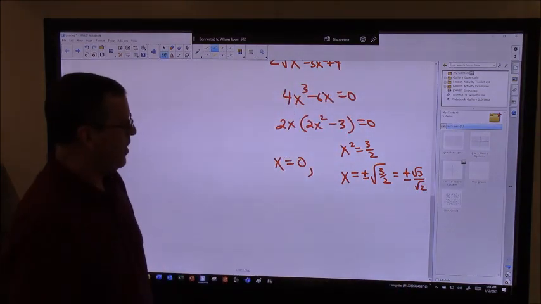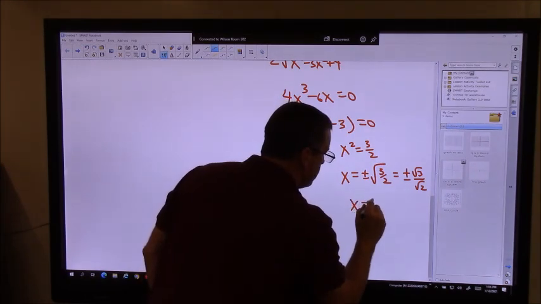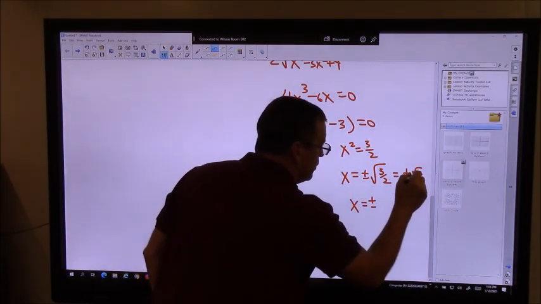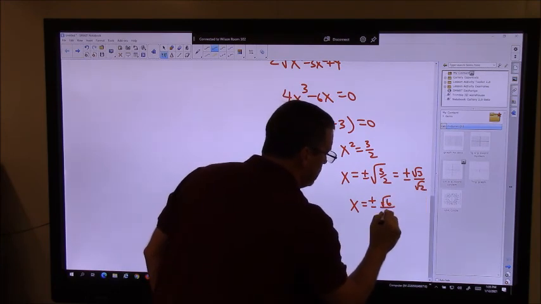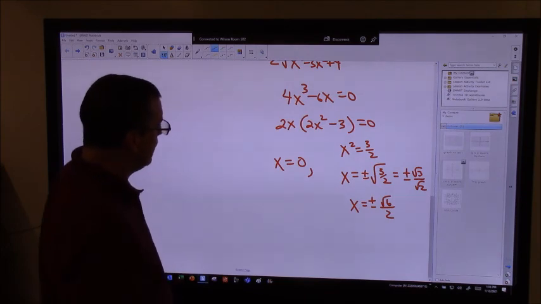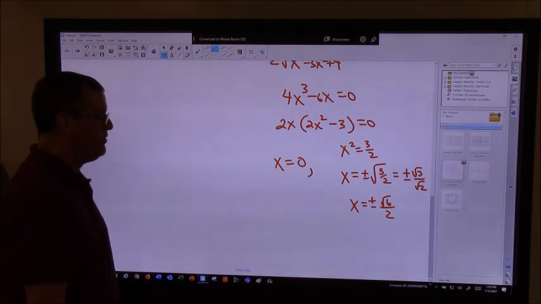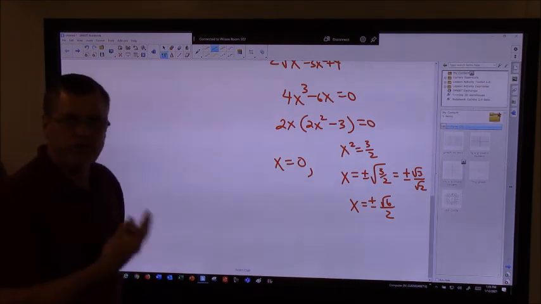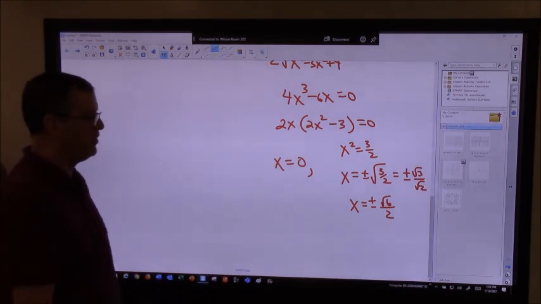I'll multiply top and bottom by root 2. And so what I get is x equals plus or minus, this times root 2 is the square root of 6, this times root 2 is 2. Okay? All right, so there's my 3 places where the derivative equals 0. It means that's where a maximum or minimum could occur.